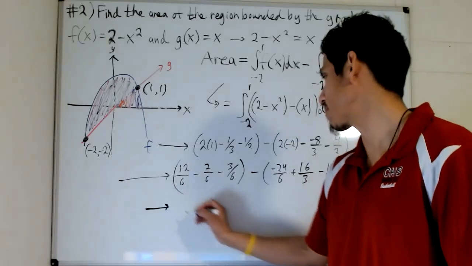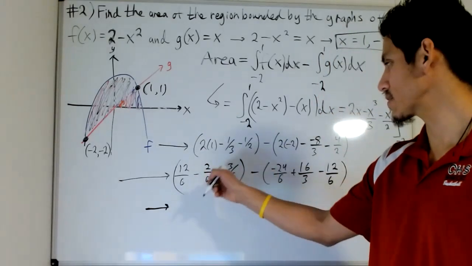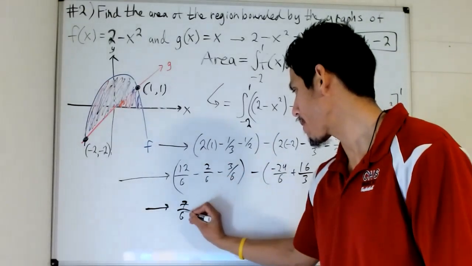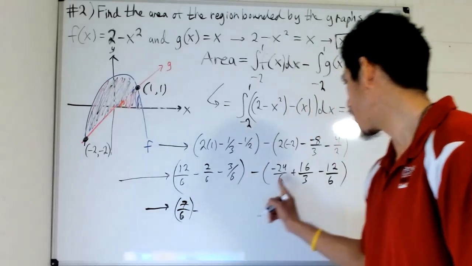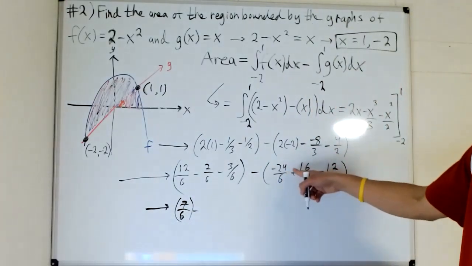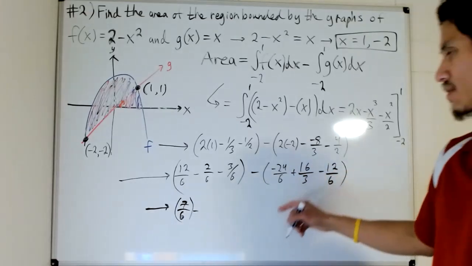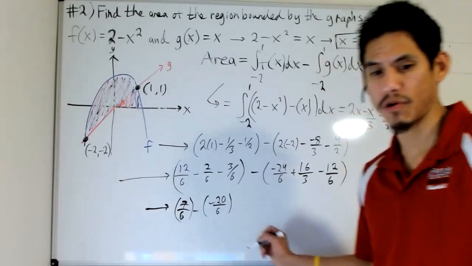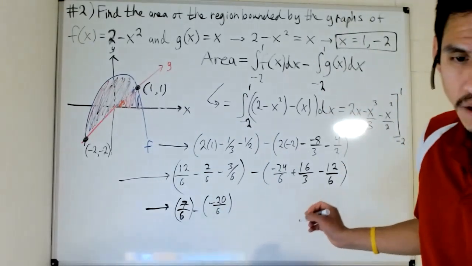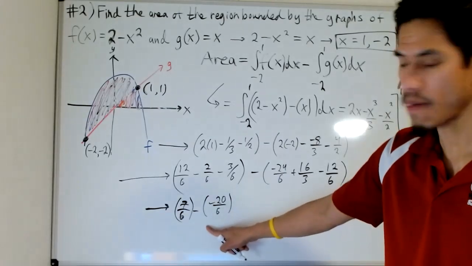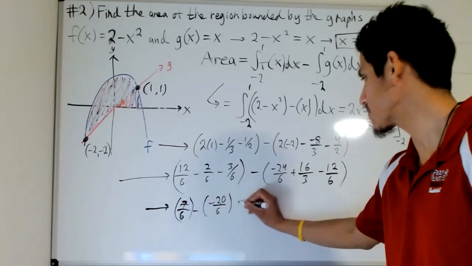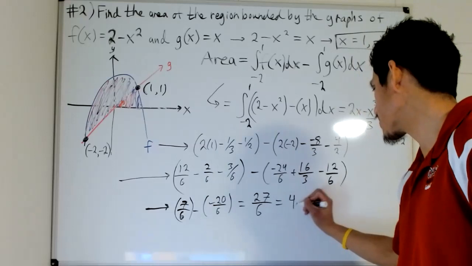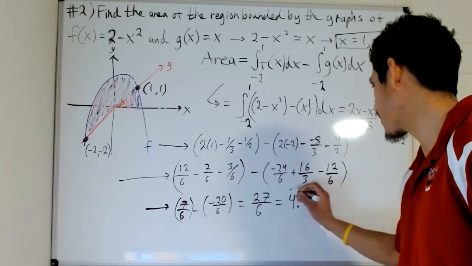And this just carries on. 10/6, 10/6, 7/6, minus -8, -26. Hope I didn't make a mistake. And we'll get 27/6, which is equal to the nice round decimal 4.5.